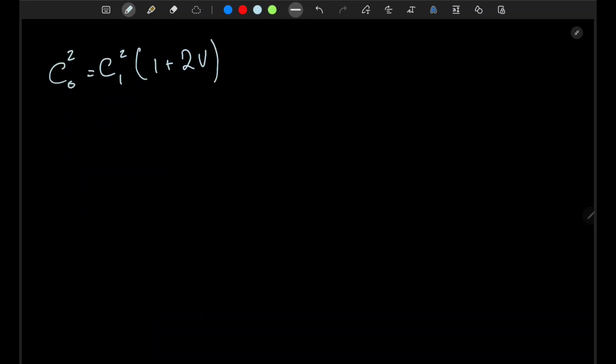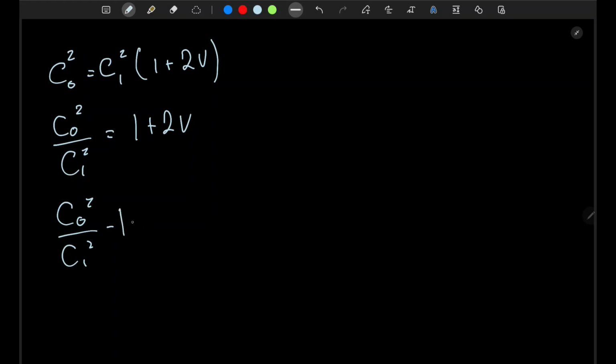Okay, here we have another one where we are going to solve for v. So if we push that c1 down, we have c0 squared over c1 squared is equal to 1 plus 2v. Now we move that 1 over: c0 squared over c1 squared minus 1 is equal to 2v. And now we're going to simplify this side.